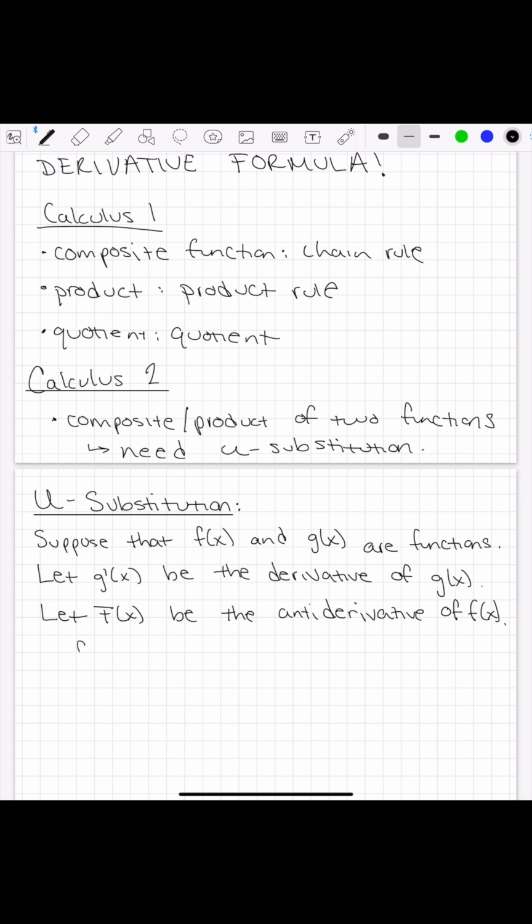Then if you're given an integral of this form, basically you have some function f with another function g of x plugged in, remember we're talking about composition of functions, multiplied by the derivative of g.